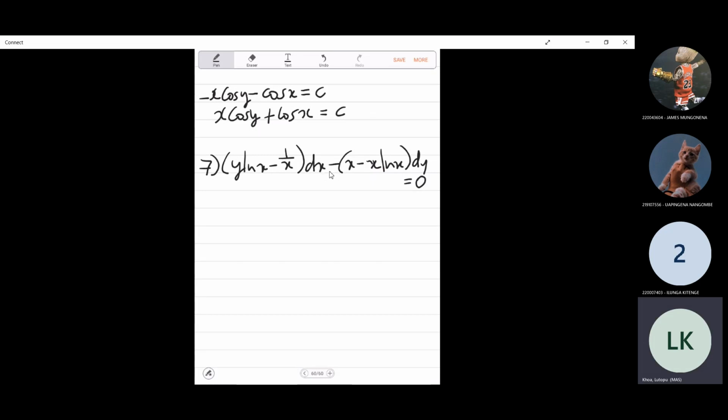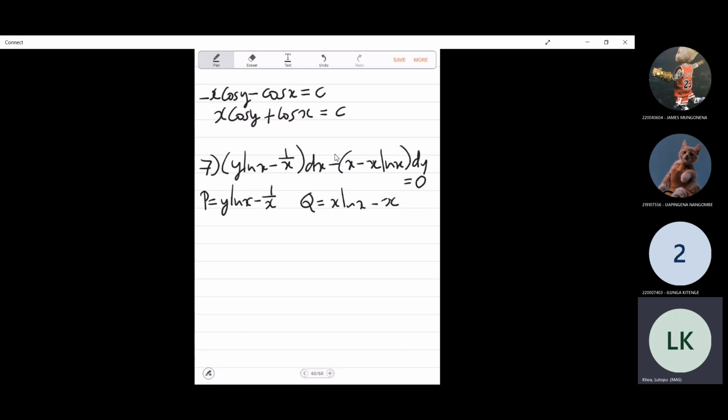We must have a plus here. So when we have a negative, this negative must go inside the bracket and be part of our Q. So we have P is equal to y ln of x minus 1 over x, and then Q is x ln of x minus x.